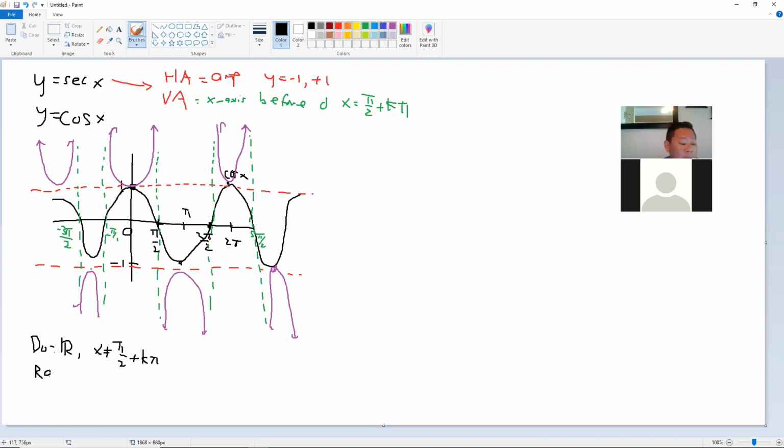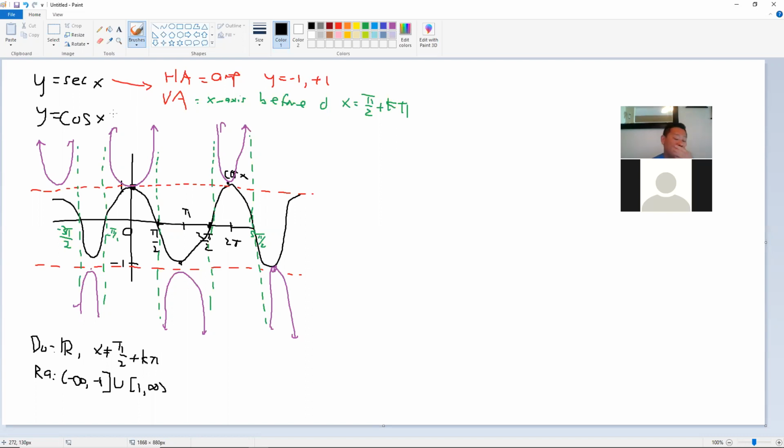Range in this case: if you look at the purple graph, it goes from negative infinity all the way till -1, and this is included. That's why we use a bracket here. And then if you look at the other purple graph, it starts at 1 and goes to infinity.